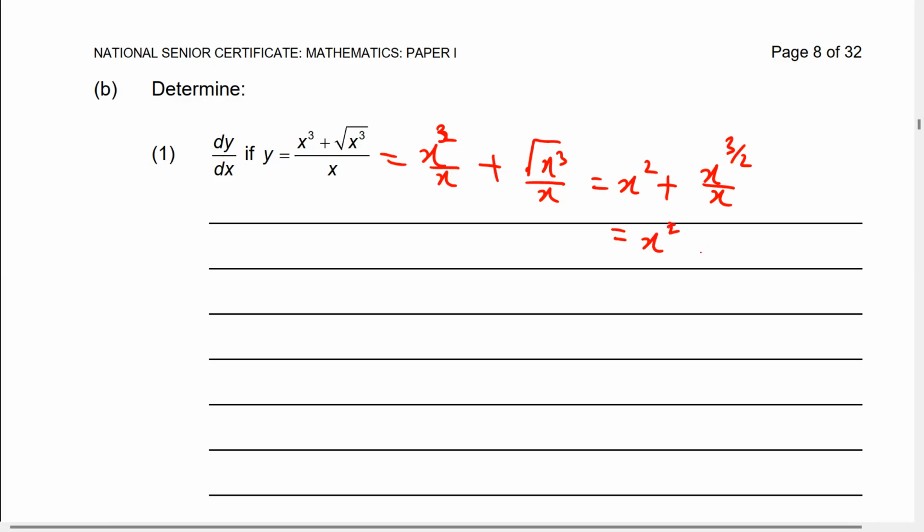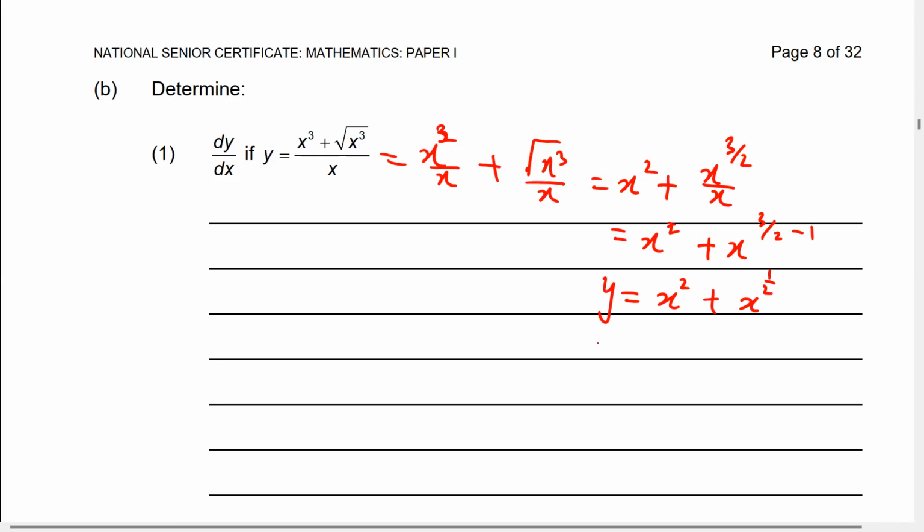You break it down before you do anything. Here, this one is x to the power 3 over 2 minus 1, so you have this plus x to the half.